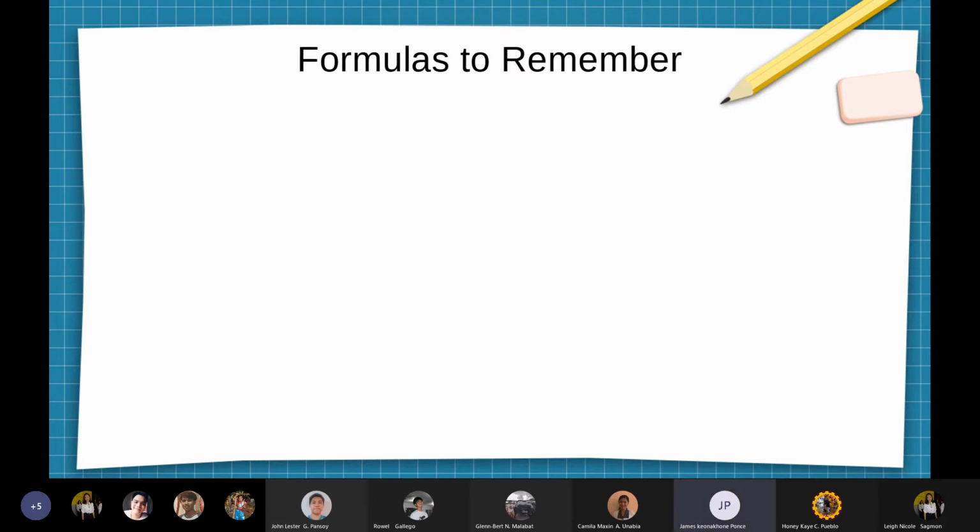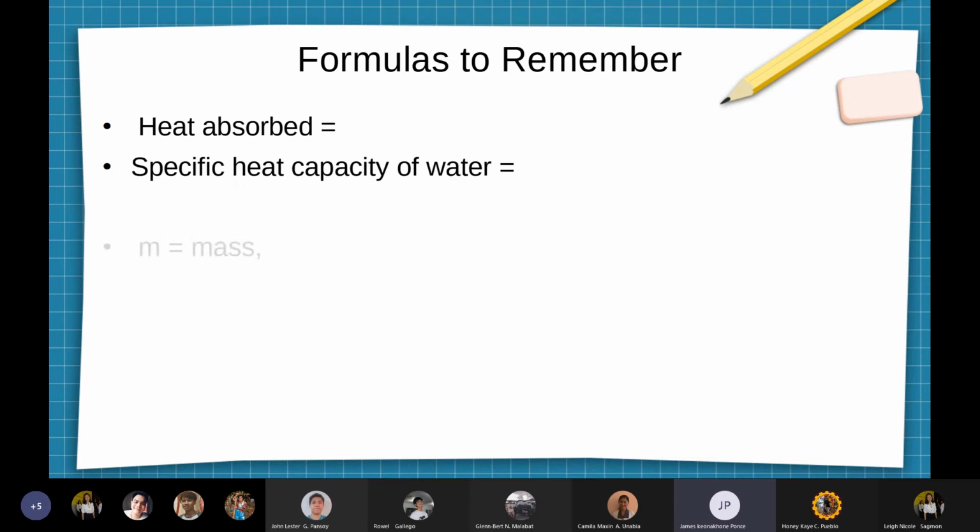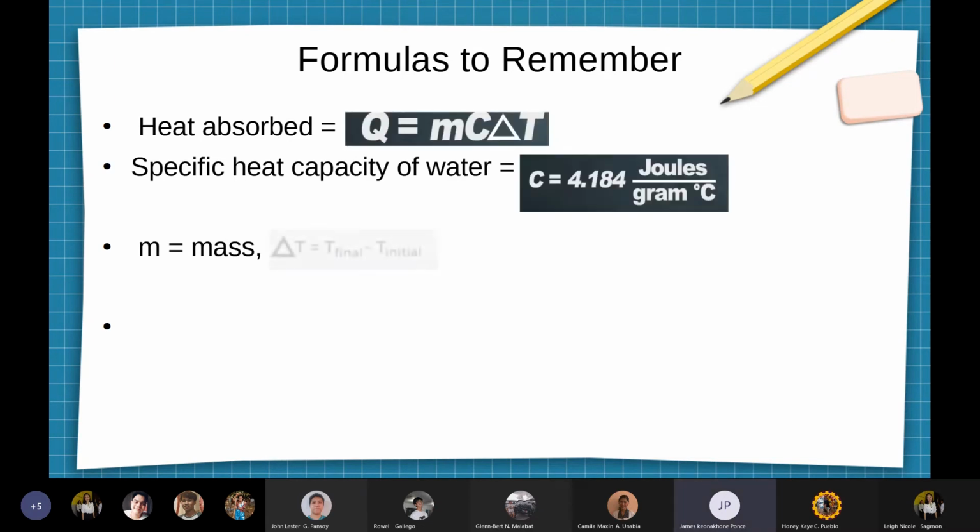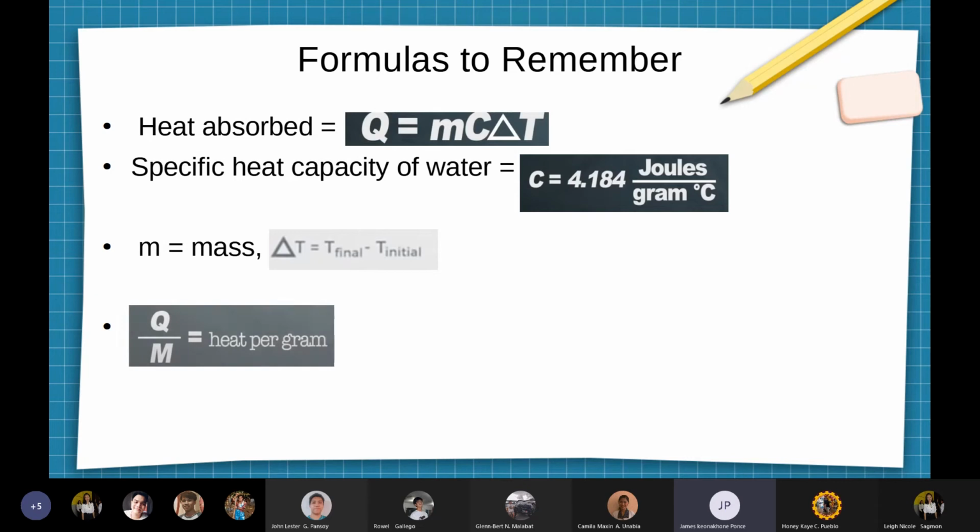There are some formulas to remember about calorimetry. The standard formula for solving calorimetry is Q, which is heat absorbed, equals mass times the specific heat capacity times the change in temperature.